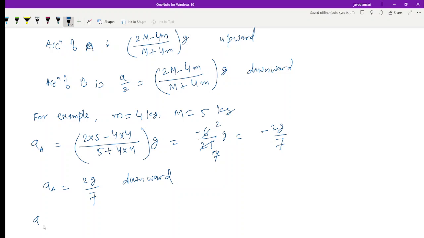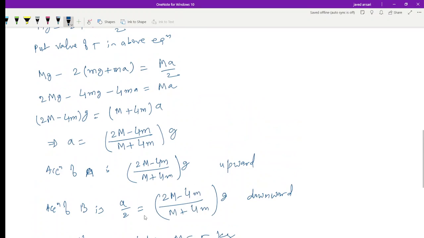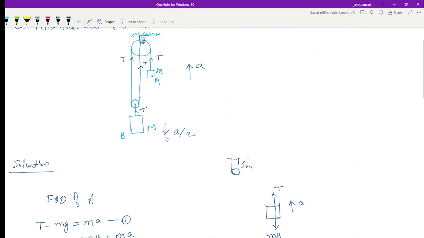Similarly, acceleration of B is half of this, a by 2. It means it will become g by 7, and negative, minus g by 7. Negative means it is opposite to our assumption. Our assumption was that it is moving downward, but actually for these values it will go upward.